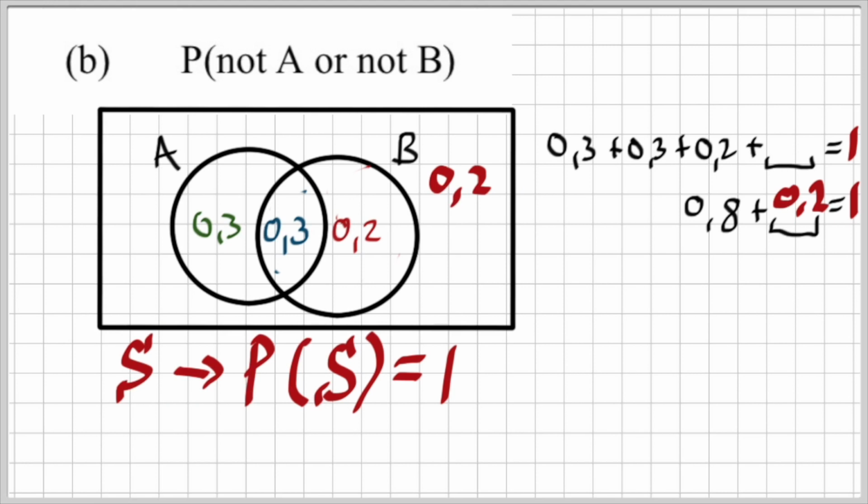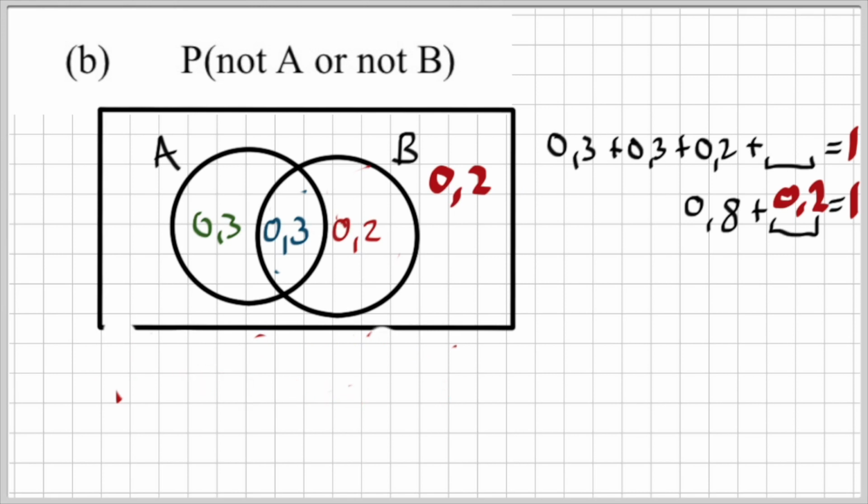So neither archery nor basketball. But we need it because if I look at the rest of the sum, I'm going to need that 0.2. So always write in these things the moment that you have completed a sub-question.